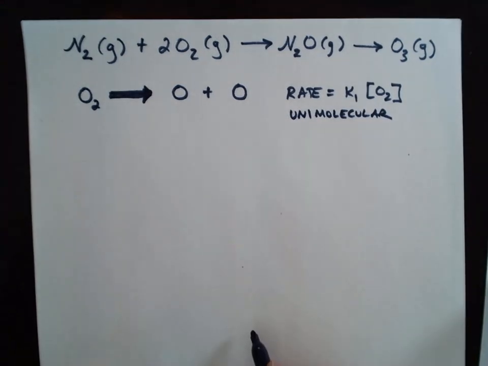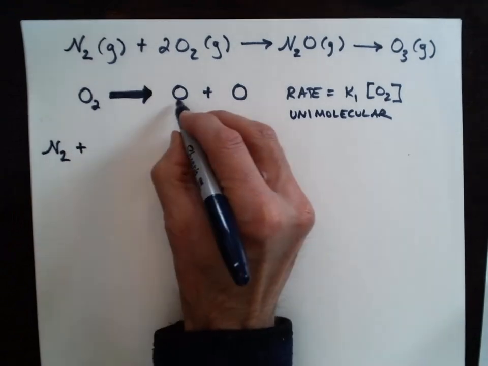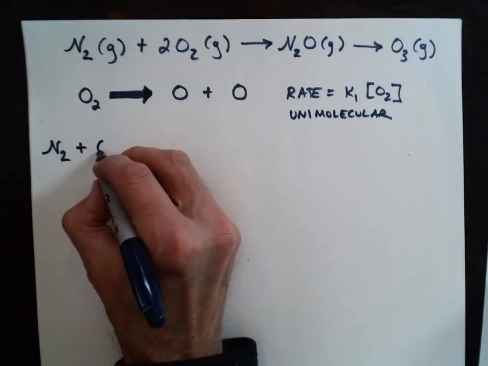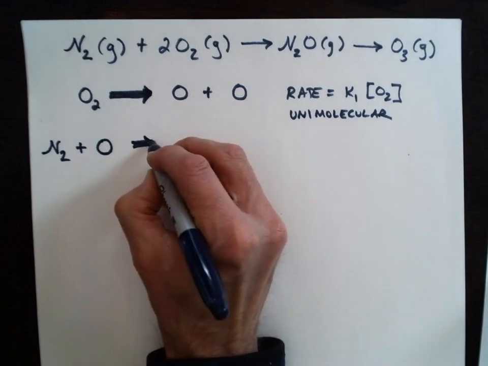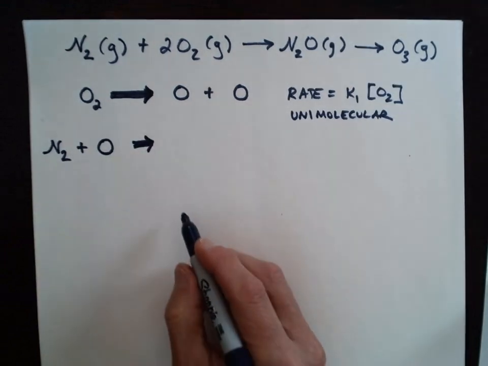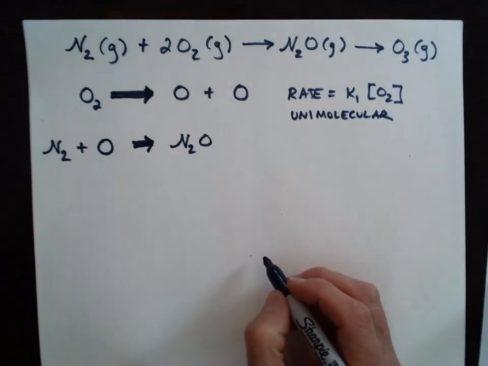We'll say step 2 is where a molecule of nitrogen reacts with one of these oxygen atoms in the gas phase that has formed. As you can imagine, these are probably transient. They don't last very long. That's very unstable. And that's going to form N2O in the gas phase.